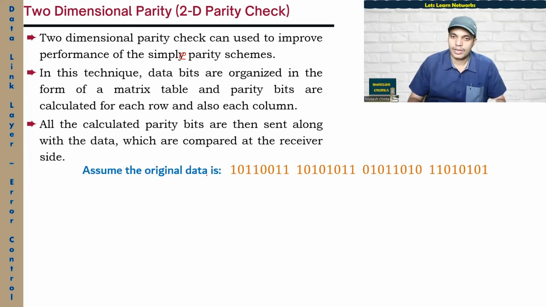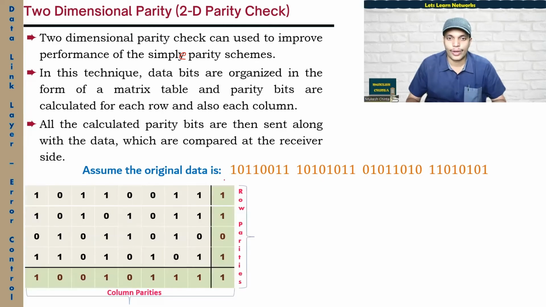As an example, let us once again assume that this is the original data that you want to send. To implement a two-dimensional parity check, you arrange this data in the form of rows and columns. So this is 1 0 1 1 0 0 1 1, arranged in the form of these rows, and this is the row parity that you calculate, just like in the VRC method.